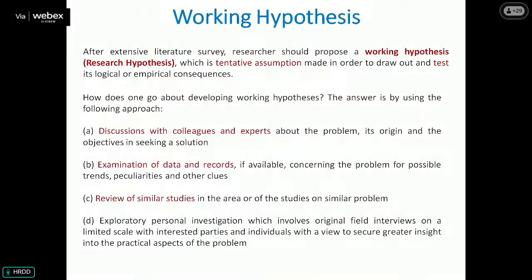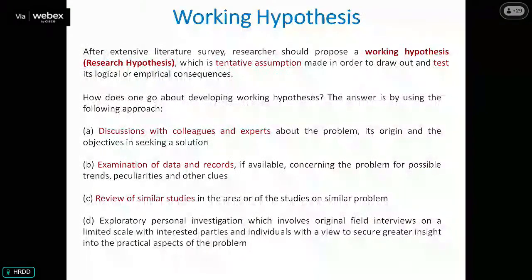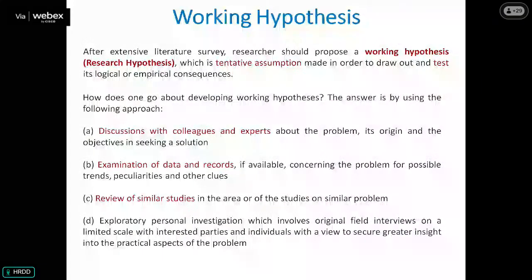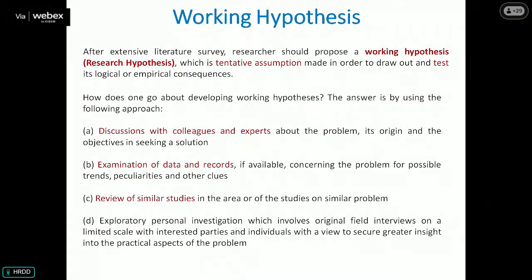If you follow, we did how to propose a research hypothesis, which is a working hypothesis, and how we will do it. Definitely discuss with your supervisor, meaning the research guide who is guiding you, for proposing a problem. The problems are already with you, whatever you work on. Your guide has discussed; you discuss with your colleagues and experts in your field.